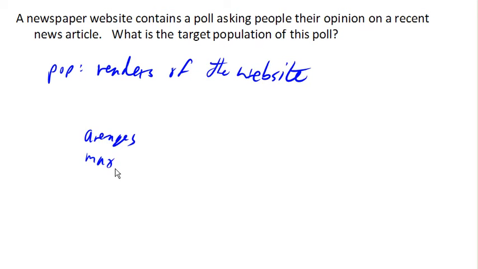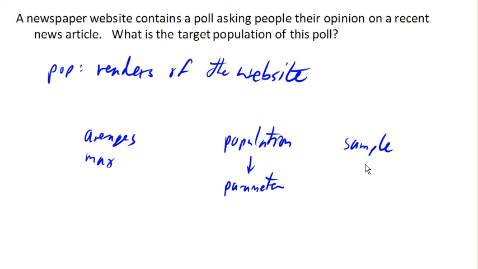If we're talking about a population, so if we ask everybody, if we do a census, then the data that we collect is called a parameter of the population. If instead we are looking at a sample and we collect data from the sample, the information we get is called a statistic. So a statistic tells us something about a sample. A parameter tells us something about the population.